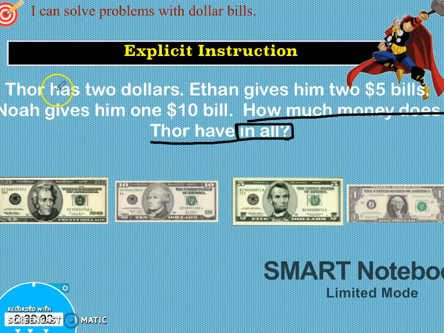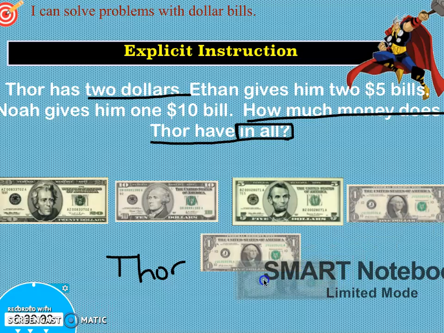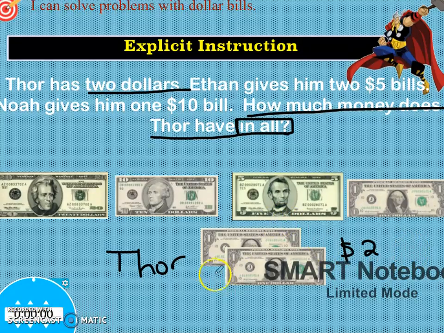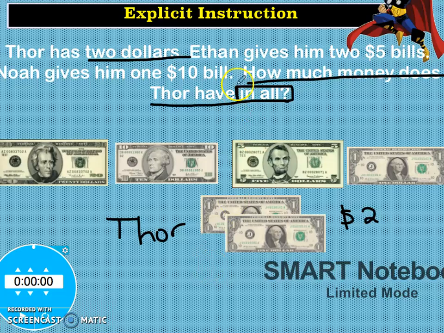So we already know Thor has $2 bills. So let's write Thor's name. And we have $1, $2. Now let's write Ethan's name. Ethan gives him two $5 bills.